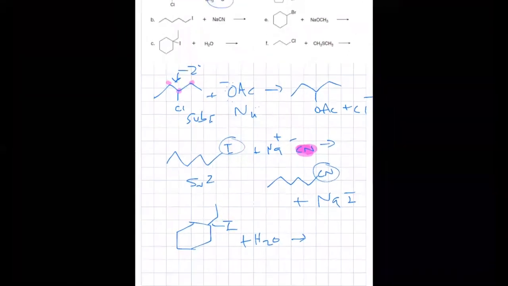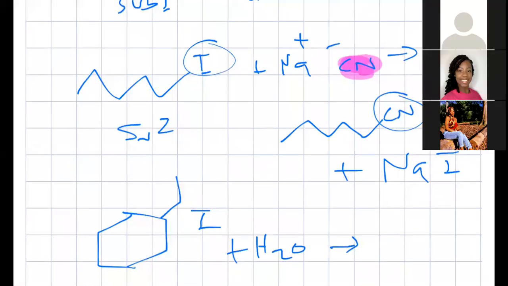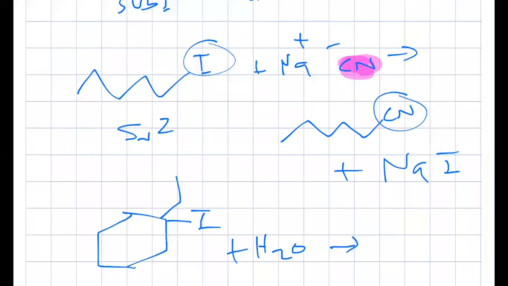Because a tertiary carbon is the worst kind of substrate for SN2. You cannot have a tertiary carbon. It won't happen on a tertiary carbon. I think that was the last thing we talked about in class the other day too, because the tertiary carbon is too sterically hindered. So that can only do SN1 if it's doing substitution.